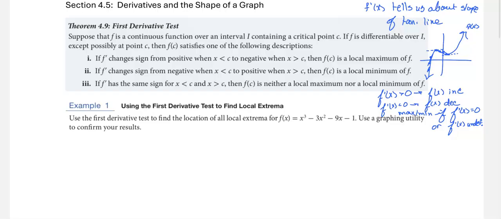And that's really what's going on with this thing called the first derivative test. We're looking at a function that's continuous over some interval, and we're going to have critical points within that interval.